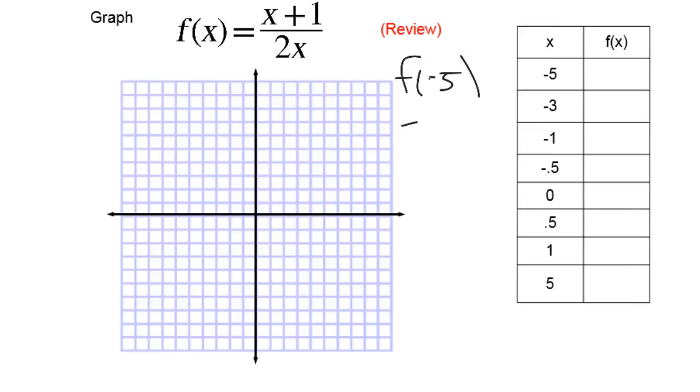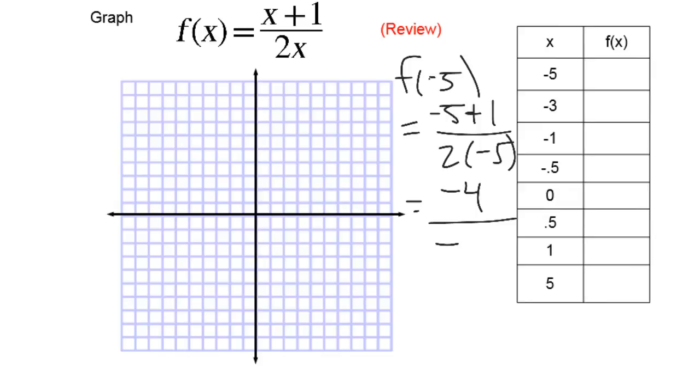And that equals negative 5 plus 1 all over 2 times negative 5, which is the same as negative 4 over negative 10. And if I evaluate that, I get positive 0.4. Easy enough, right?